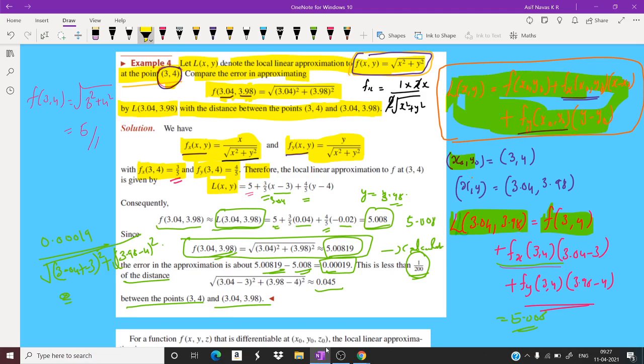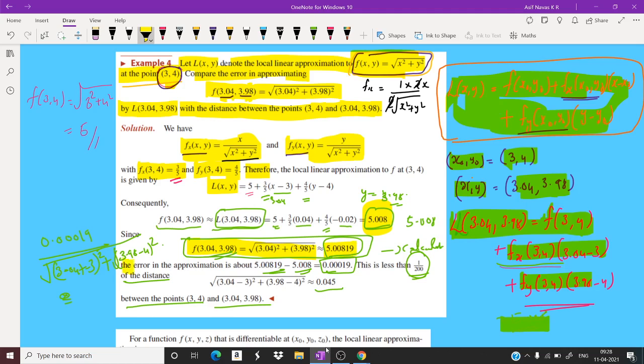From here, x naught, y naught is the given value (3, 4), and (x, y) is the value we have to calculate, (3.04, 3.98). Then we use the formula and find the value 5.008. Then we can also use a calculator to find the exact value. This is approximately equal to this. So these values are much closer, which means they are approximately equal.